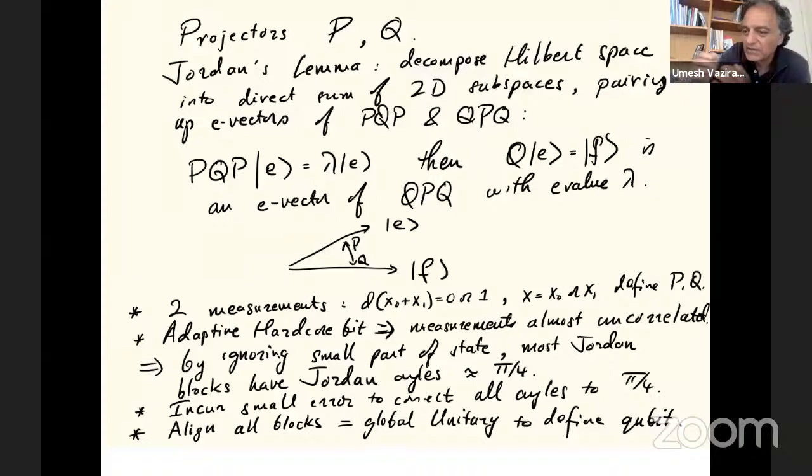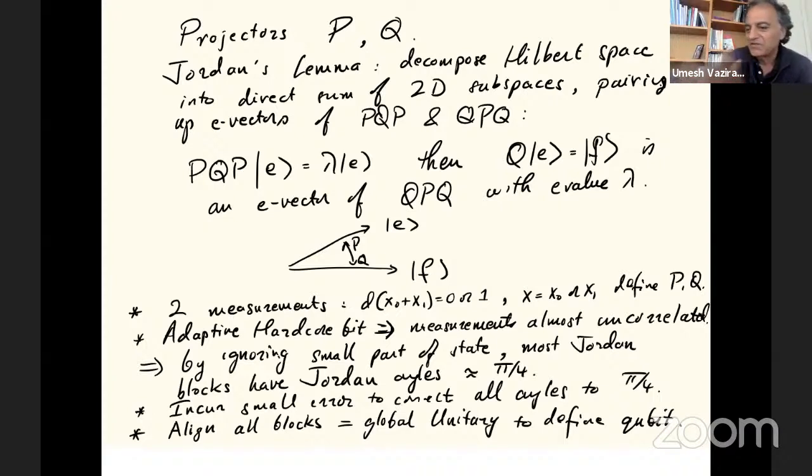And so if you want, we could perturb the state slightly and get all these angles to exactly line up to be 45 degrees. And so once we do that, we've perturbed these two projectors slightly, and now these two projectors exactly anti-commute. And therefore they exactly define a qubit.